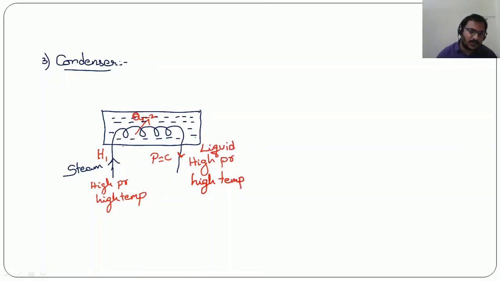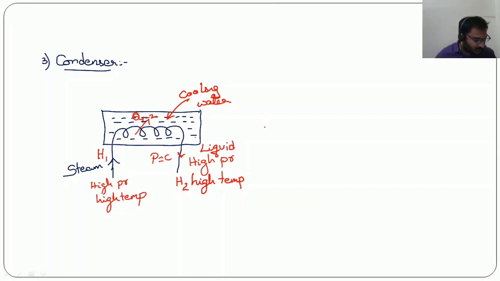Steam enters into the condenser, rejects heat to the surrounding cooling water here, and as a result of that liquid formation takes place, and this liquid will have a lesser enthalpy because heat is rejected. See, this condenser also doesn't do any kind of external work here.